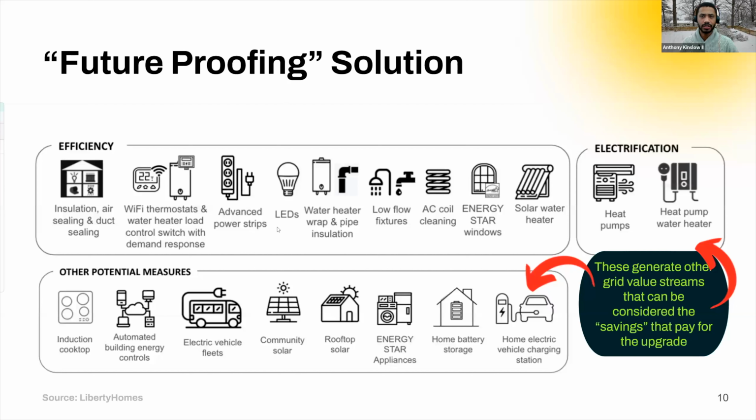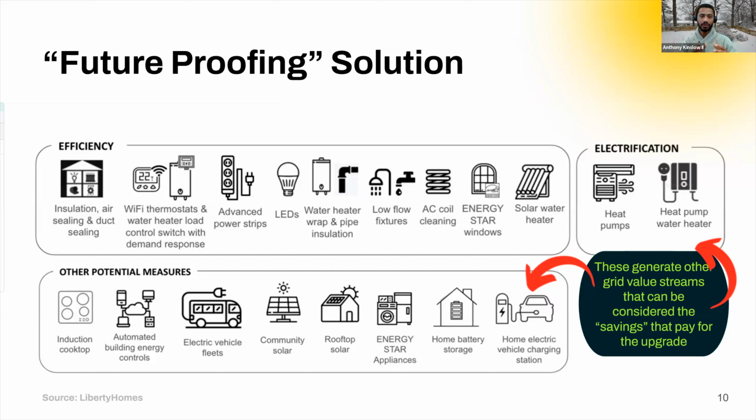Now, bring your attention to heat pumps and heat pump water heater and some of the other technologies down here that actually increase your electricity load, especially if you're transitioning from gas. But there's other values that come with them that can be accounted for in the quote unquote savings to pay for the upgrade.